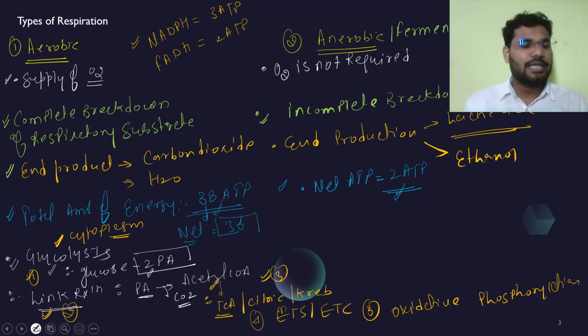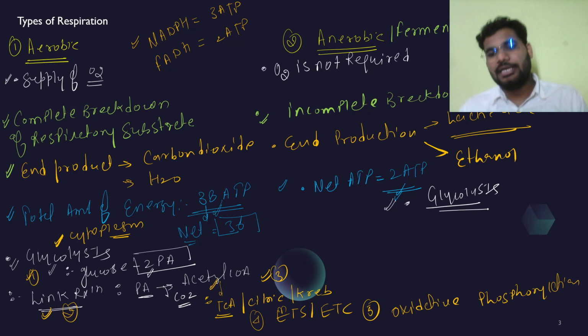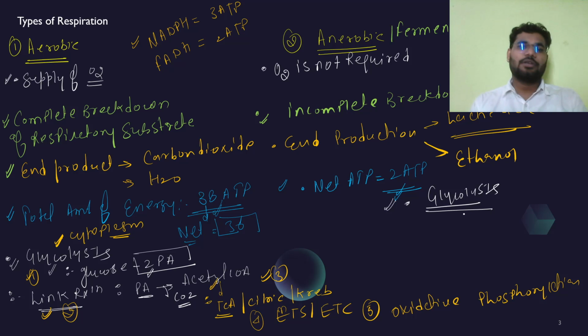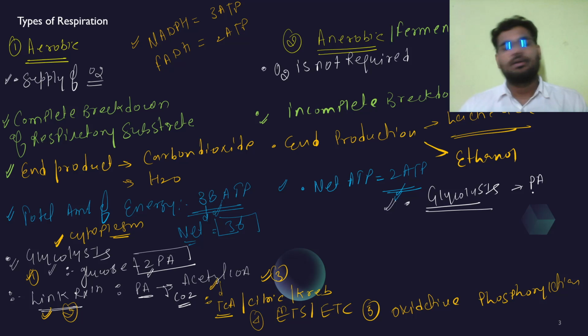Now let's talk about anaerobic respiration. In anaerobic respiration, only glycolysis occurs. So there is a formation of what we call pyruvic acid. Now this pyruvic acid may transform into lactic acid.